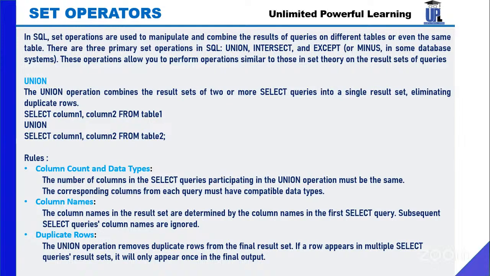When you say set operations, we mean union, intersection, and minus or difference. So what is the objective? Assume that we have table 1 and table 2. There will be records from table 1 and records from table 2.